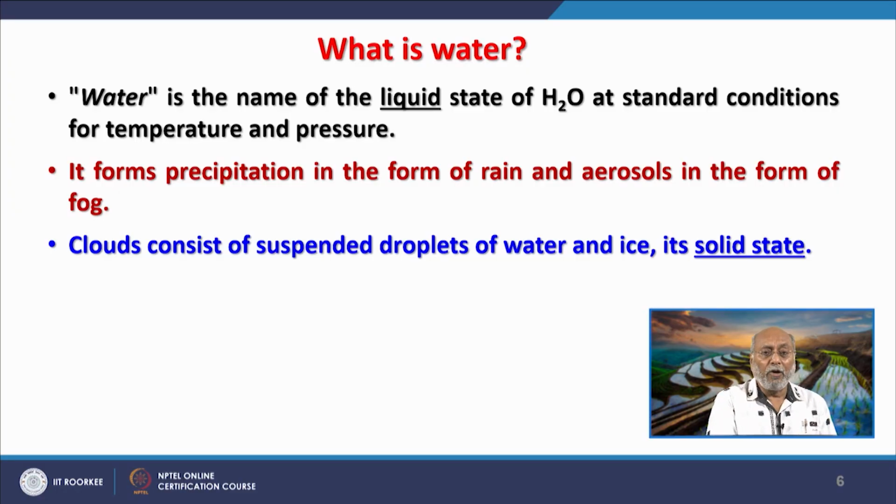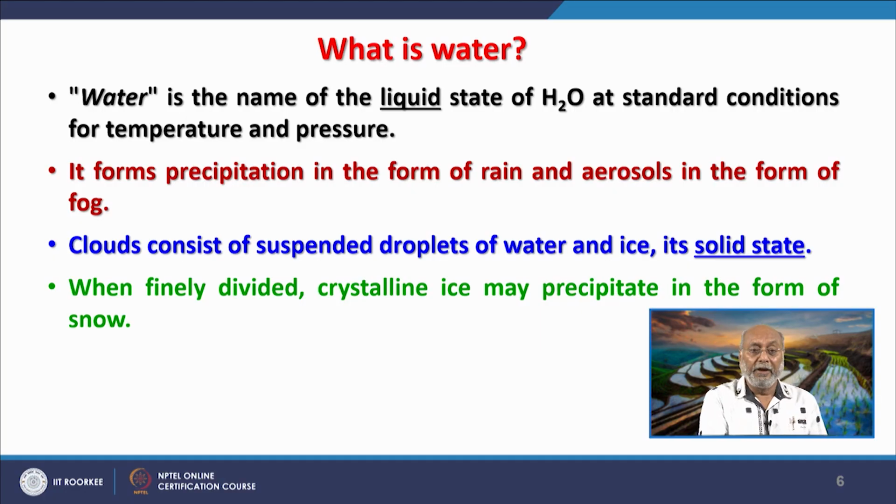We know that cloud consists of suspended droplets of water, sometimes ice, in solid state also. Sometimes we get hailstorms and other things. That is the solid form of precipitation. And finally, crystalline ice may precipitate in the form of snow also.